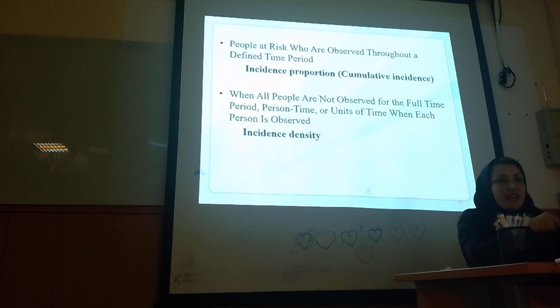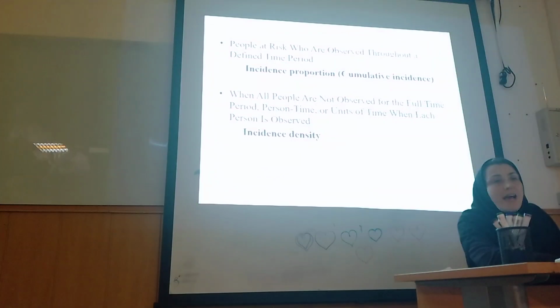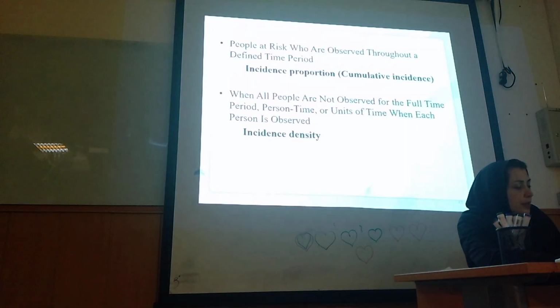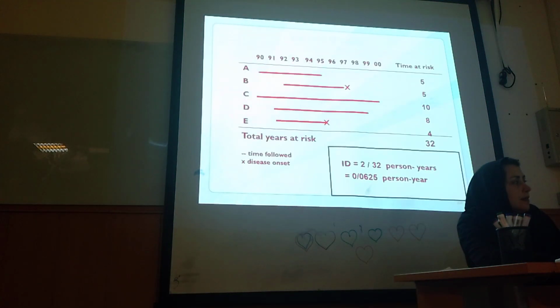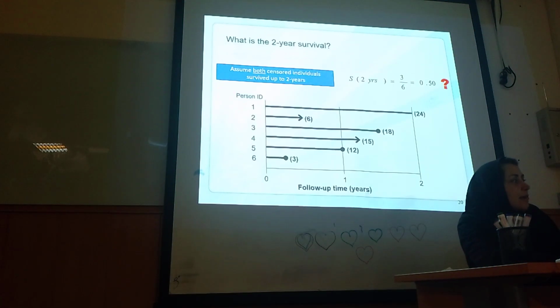So, we have 2 kinds of incidence. Incidence proportion or cumulative incidence. These 2 names are the same. We use them when we don't have loss to follow, such as in this example.